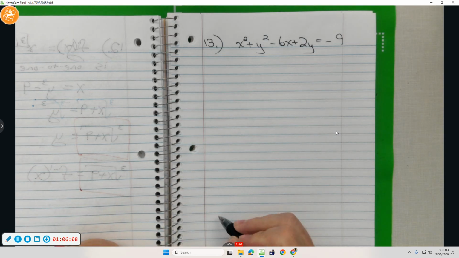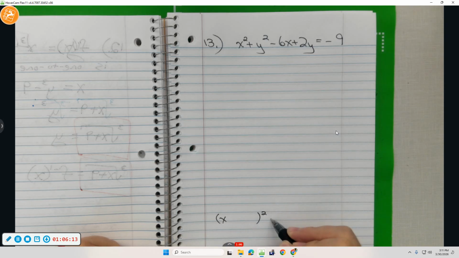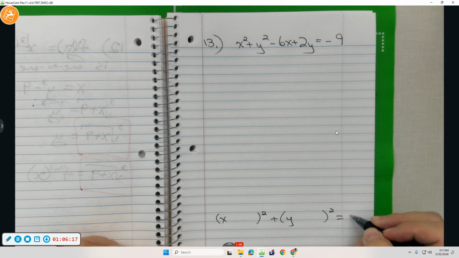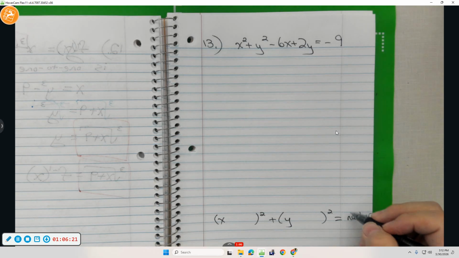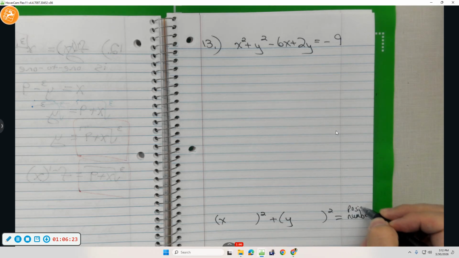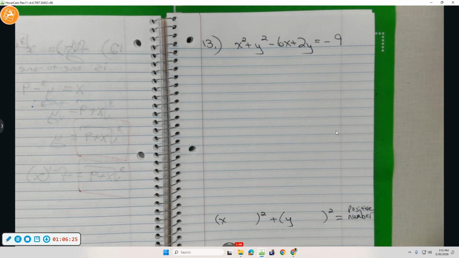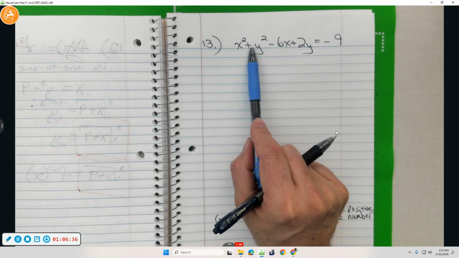Remember, center radius form looks like this: x something squared plus y something squared equals a number, a positive number if it's going to be a circle. Was this on the midterm? I don't think so. This is the first assignment that's after the midterm. Do I remember what we'd do? We'd look and we'd see the leading coefficients are 1.